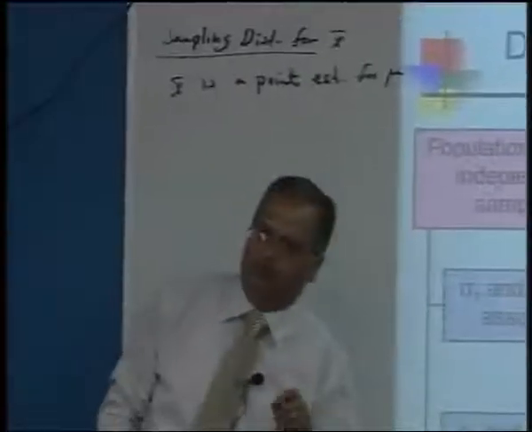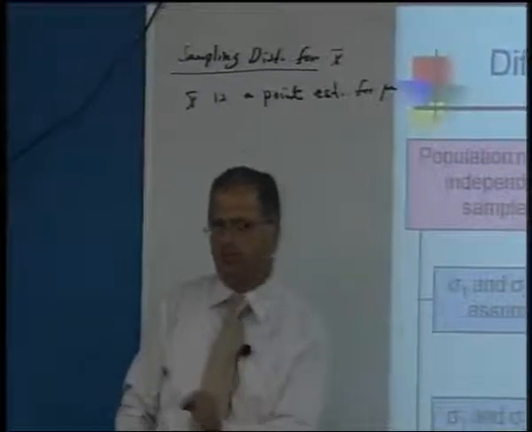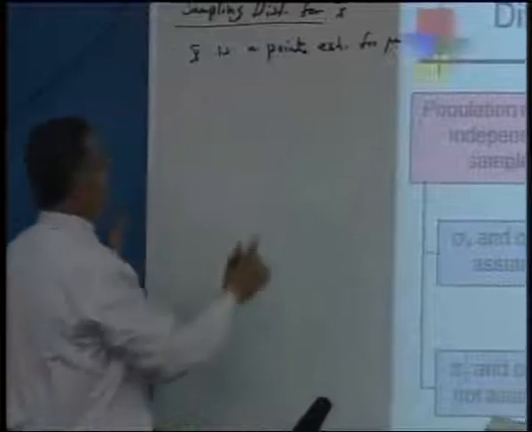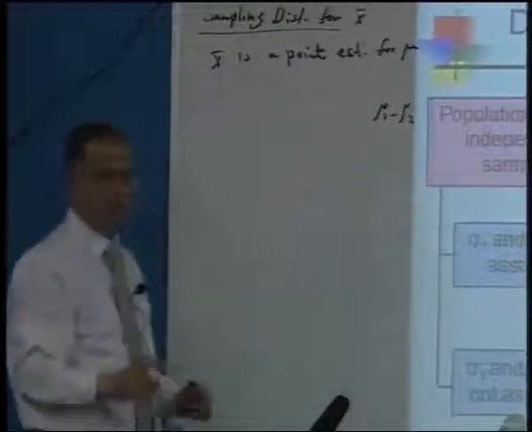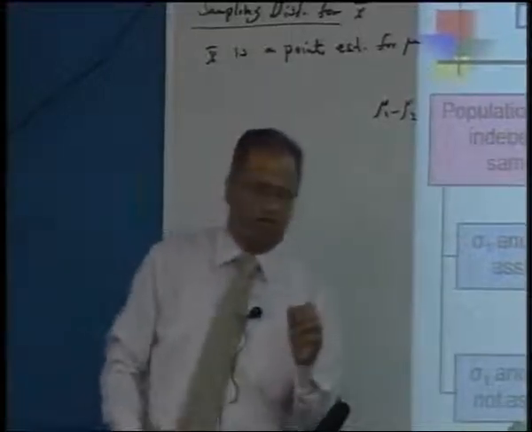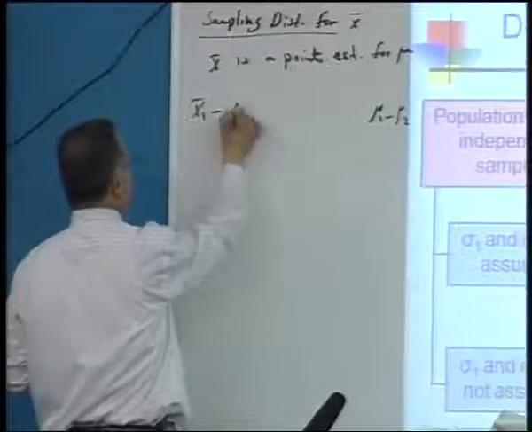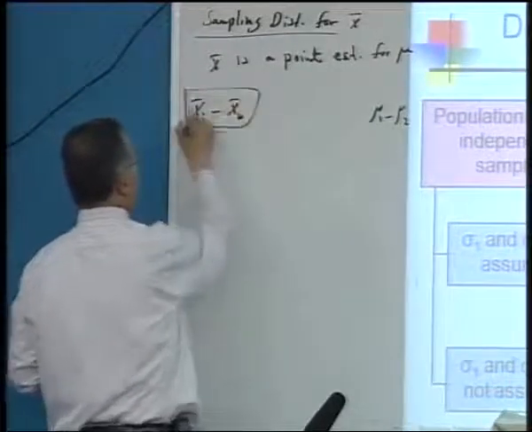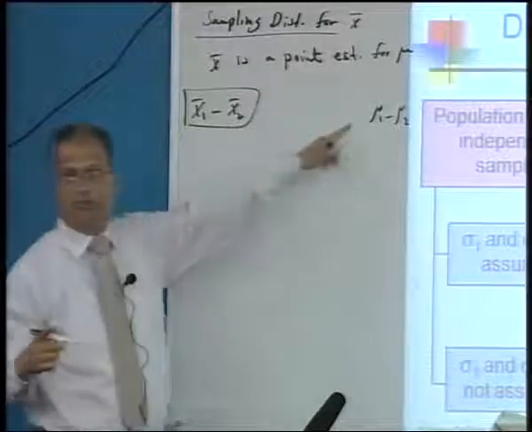Now in this chapter we are interested in the difference between 2 population means. That means if we have mu1 minus mu2, in this case the point estimate of this difference should be x1 bar minus x2 bar. So x1 bar minus x2 bar is a point estimate for the difference mu1 minus mu2.